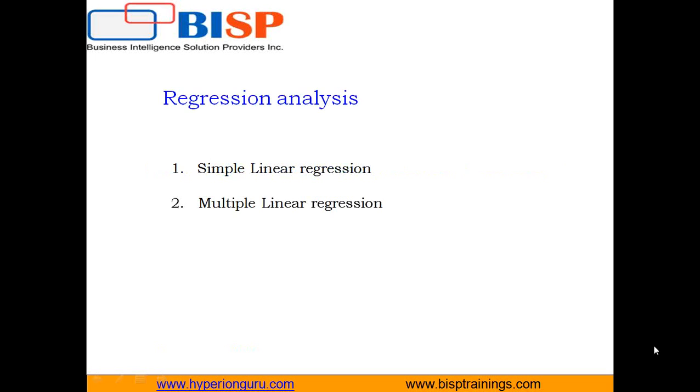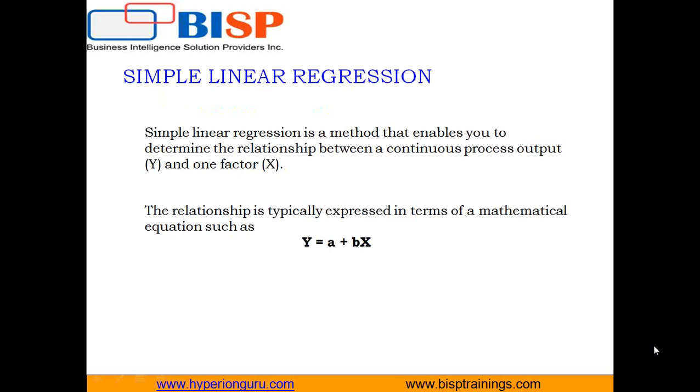It is used to determine the extent to which there is a linear relationship between a dependent variable and one or more independent variables. So there are two types of linear regression. The first one is simple linear regression and the second is multiple linear regression. First, I am talking about simple linear regression.